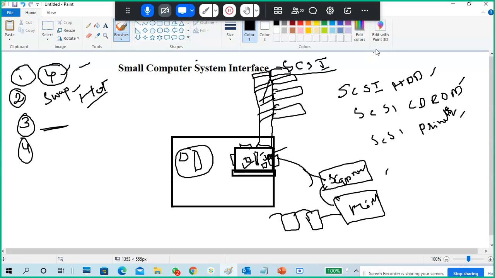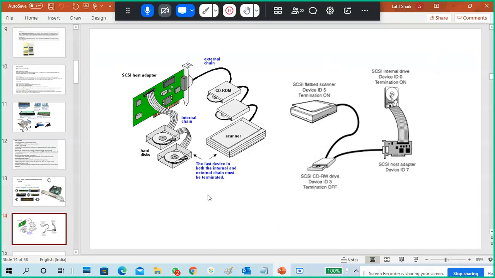So this is about SCSI. In these pictures, this is a SCSI adapter, and internally it is connected one to another. Externally it is connected to CD-ROM, scanner, like that. This is another diagram, and if you see it like this, we can understand how it connects.